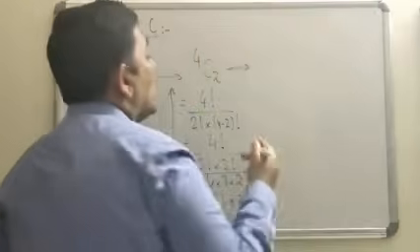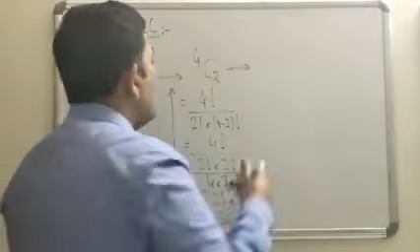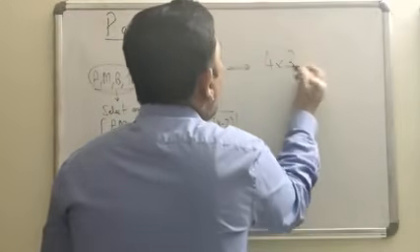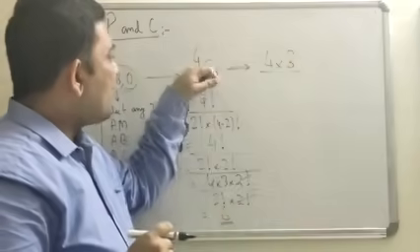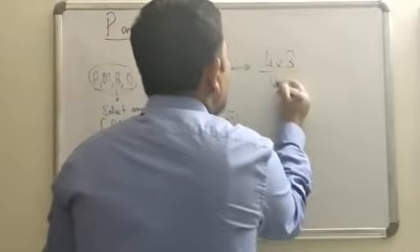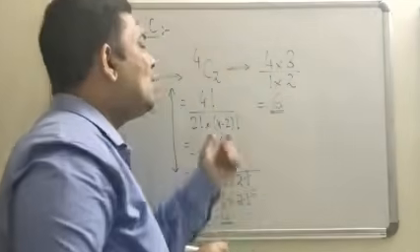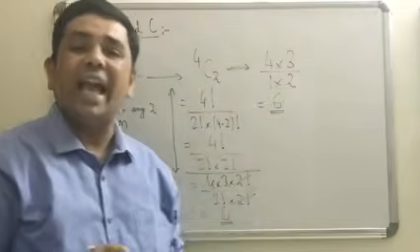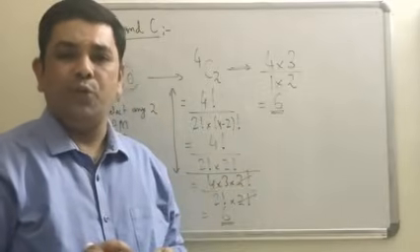What is the shortcut of doing 4C2? Start from 4 and write down the next 2 numbers. Divide it by, start from 1 and write down the next 2 numbers. That is how we can easily calculate the value of something like 4C2.